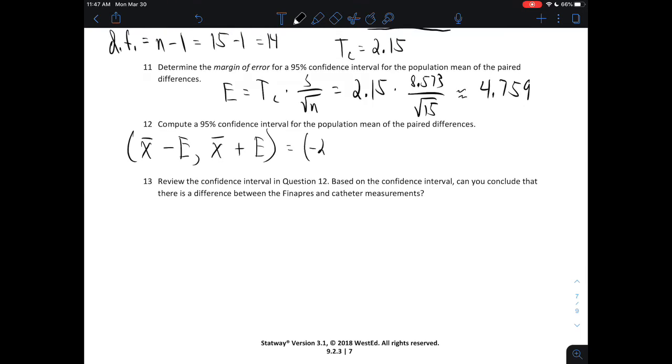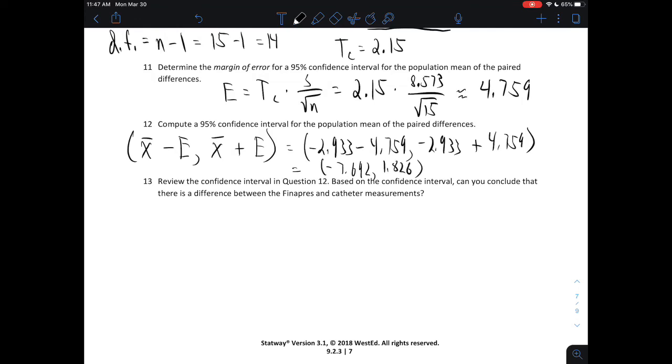So negative 2.933 minus the margin of error, 4.759, gives me negative 7.692. And then if I take negative 2.933 and add 4.759, I get positive 1.826.